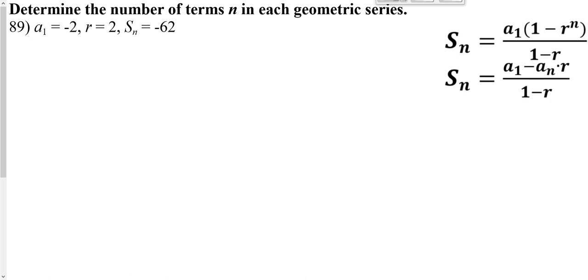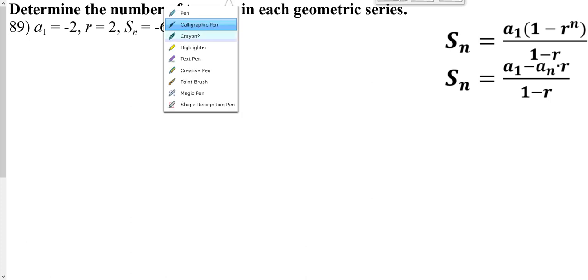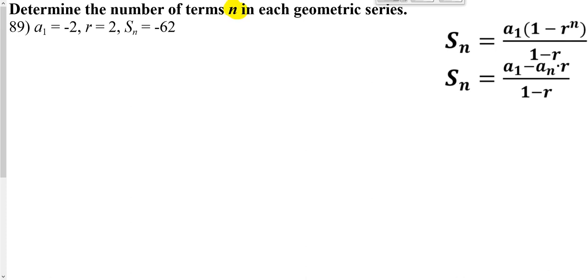So here we are once again looking for the number of terms. So I want to use the formula that has this, has this, has this, and has this. That happens to be this top formula. The bottom formula has an a sub n, and we're not dealing with any of that. So I'm going to just use that top formula.